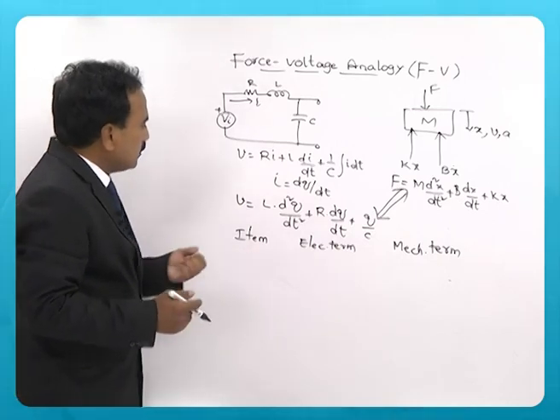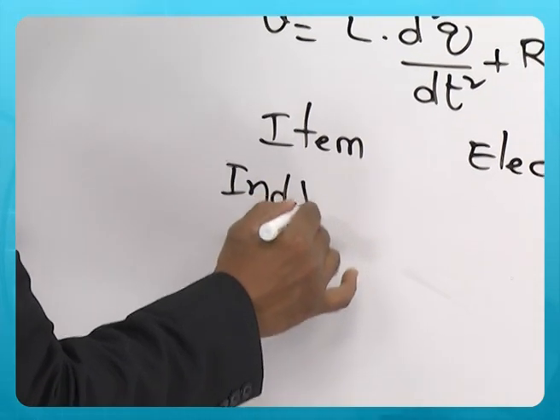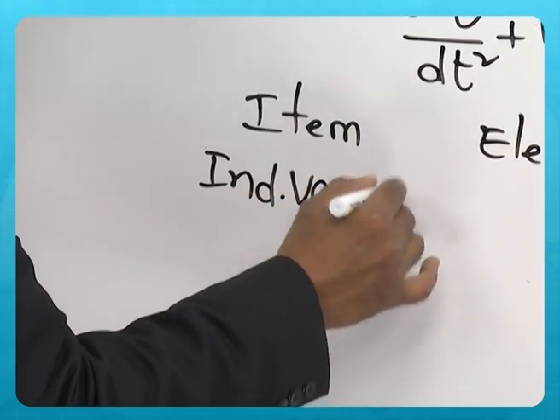So, the item, I write as an independent variable in the given equation.